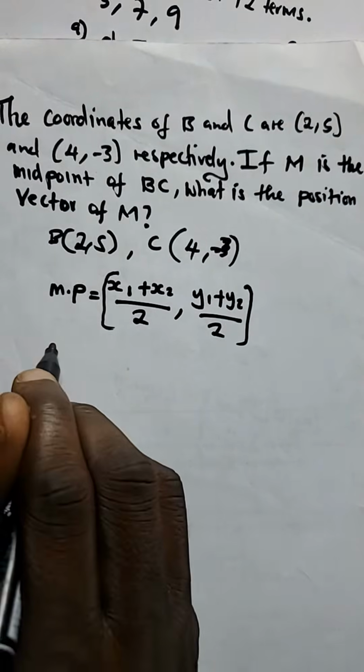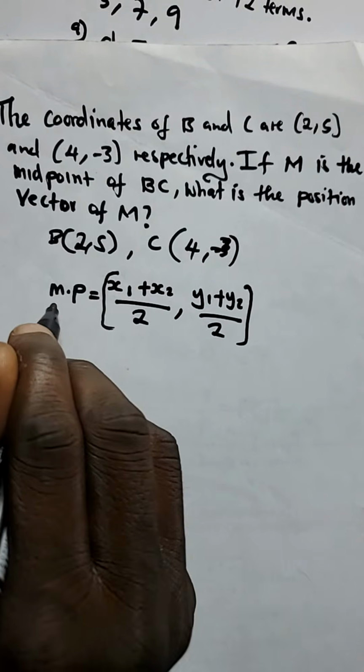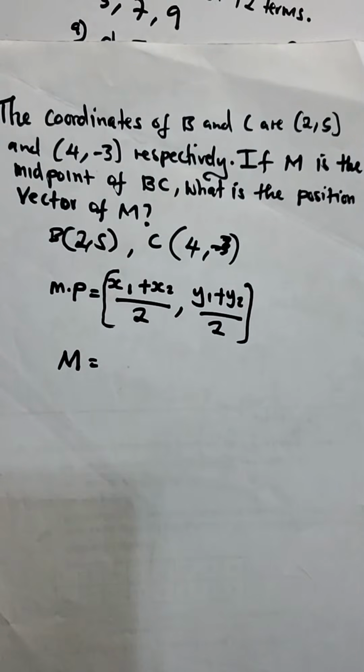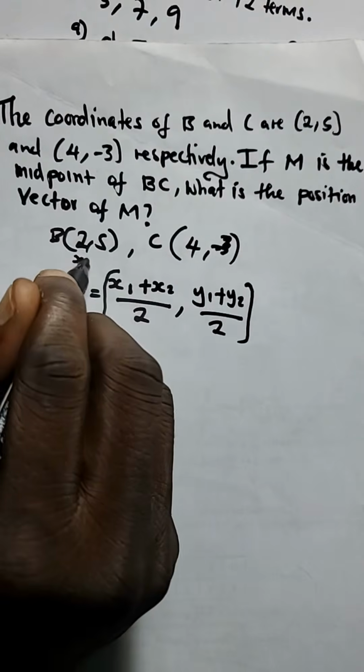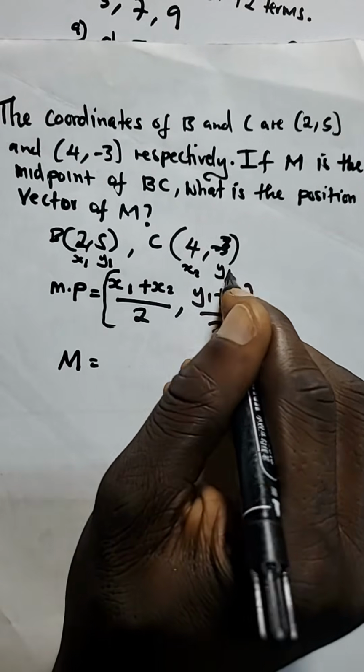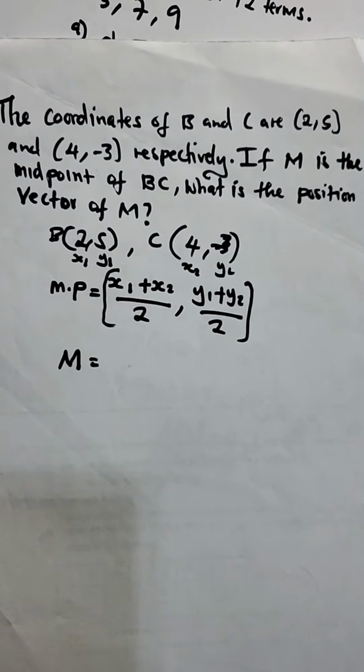So MP, which is just M, because we substitute with M, is equal to, what is x1? Look guys, this is x1, this is y1, this is x2, and this is y2. Let's just substitute.